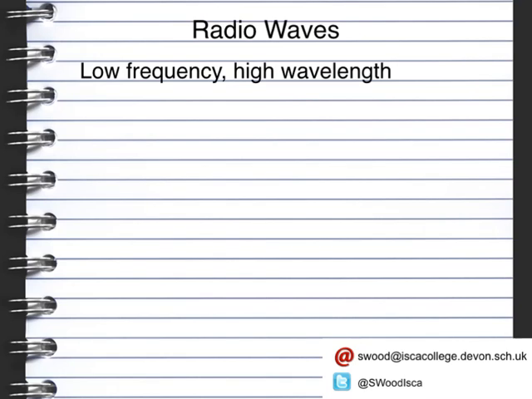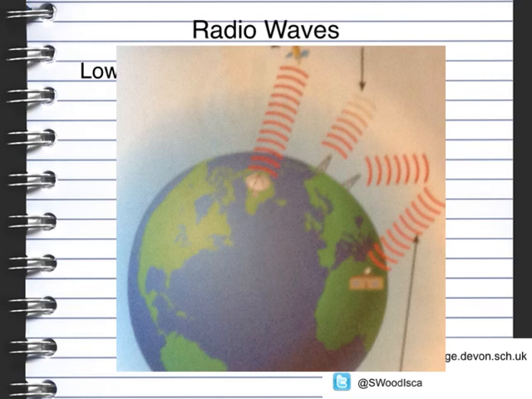Now, if we look at this diagram here, we can see how radio waves are used in transmission. The first wave we can send to satellites, either low orbit polar satellites or geostationary satellites.